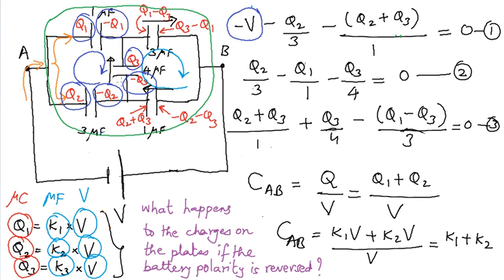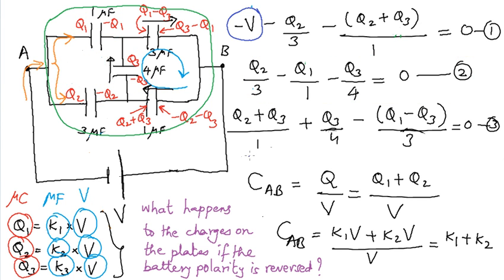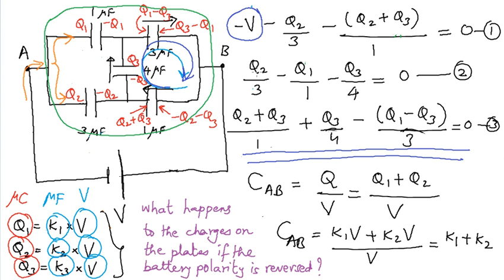We are just using the same labels. Hence, clearly, this equation is not going to undergo any change. Equation number 2 will still look the same. And for a similar reason, this equation, which is obtained by traveling the remaining loop once again in the clockwise direction, is going to remain the same.